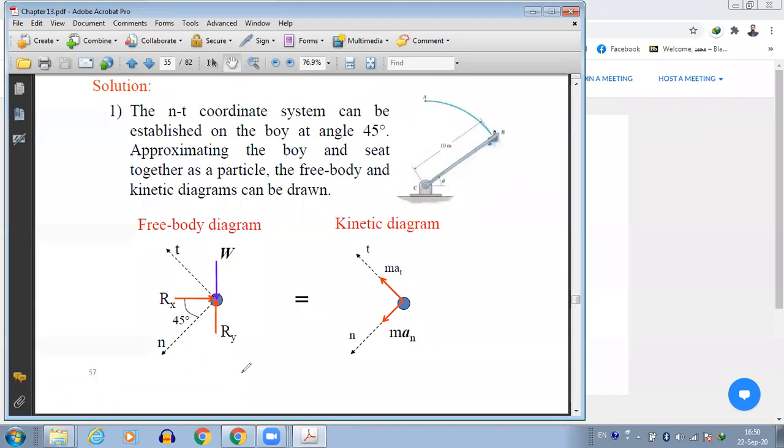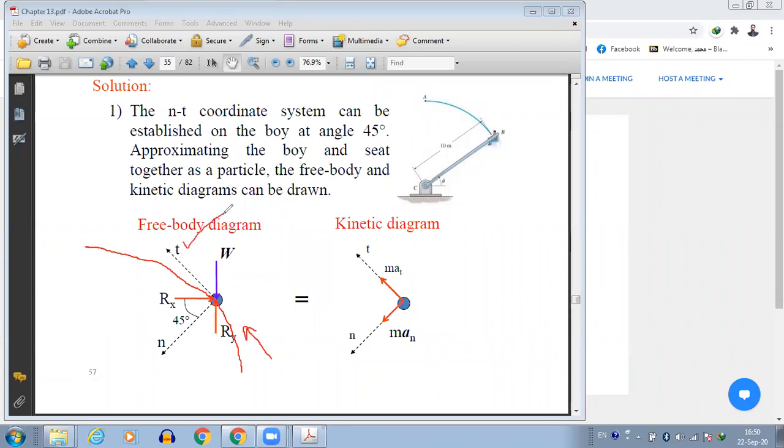Let me try to draw the path here. This is the path of the boy. The boy is moving in this direction, so the tangential direction would be like this. The normal to the tangential direction would be like this, because this is the concave direction.